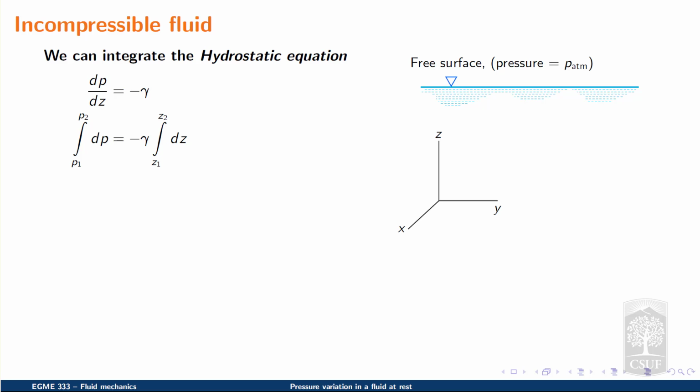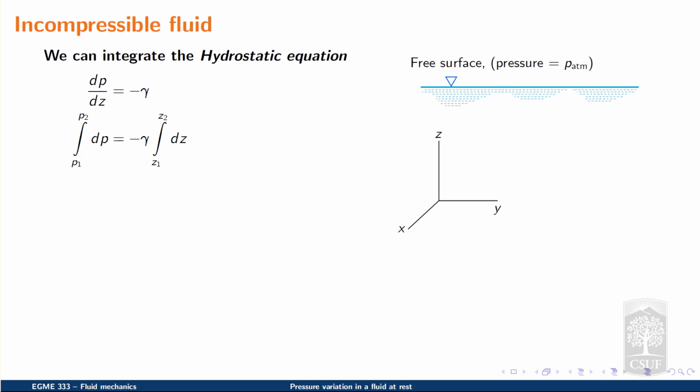So essentially, if we integrate the left side, we get the integral from pressure p sub 1 to pressure p sub 2 of dp. That is equal to negative gamma times the integral from z sub 1 to z sub 2 of dz. I'll highlight here that the gamma has been factored out of the integral because gamma, again, simply depending on the product of the density ρ and the gravity g, is a constant.